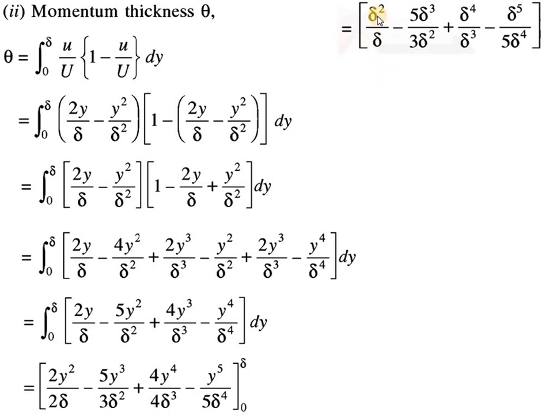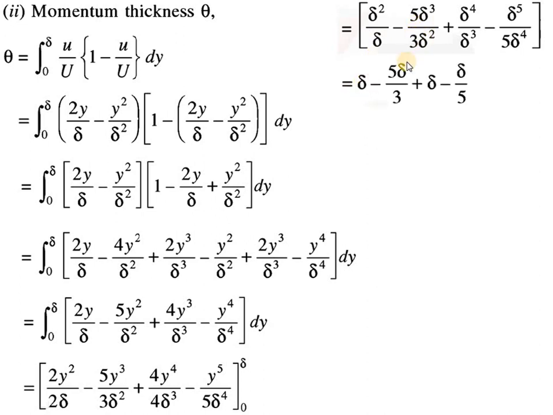That gives us delta square upon delta for the first term, then 5 by 3 delta cube by delta square negative, then delta raised to 4 upon delta cube positive, then delta raised to 5 upon 5 times delta raised to 4. So in the first term, only delta will be absorbed from numerator and denominator, that will give us delta.